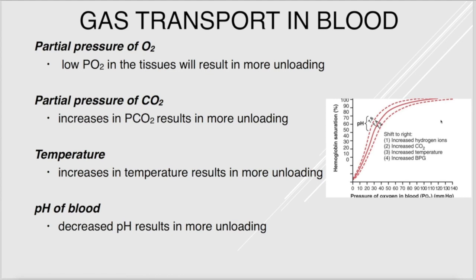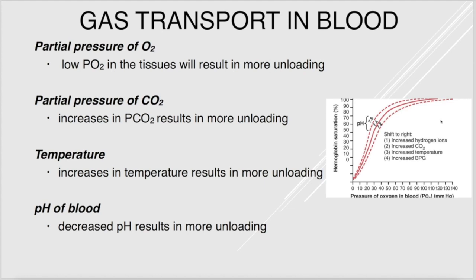So the factors that affect the unloading of oxygen, so hemoglobin letting oxygen go, there are a couple of them. If you have a low partial pressure of oxygen in the tissues, hemoglobin is going to unload more oxygen into the tissues. That makes sense. If you have more CO2 in the tissues, hemoglobin is going to unload more oxygen, which makes sense because if there's an increased amount of CO2, that's telling you that the metabolic demand is higher in that cell.